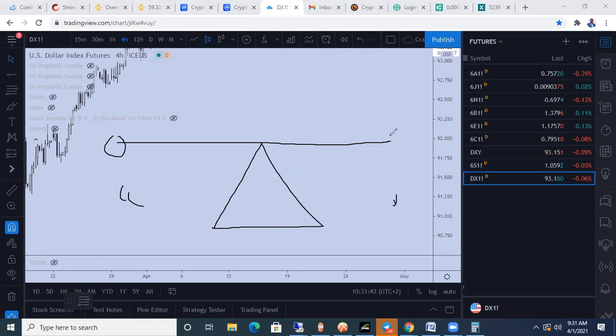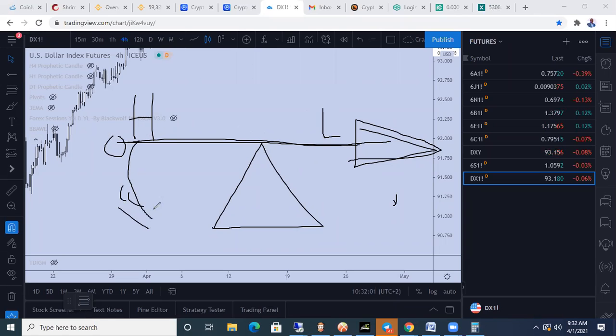Imagine that this is an arrow pointed to the right. If you have something heavy here, and something light here, this horizontal bar will swing down and the arrow will be pointing upwards. So if you have something heavy to the left, the arrow points upwards. If you have something heavy to the right, the arrow points downwards.